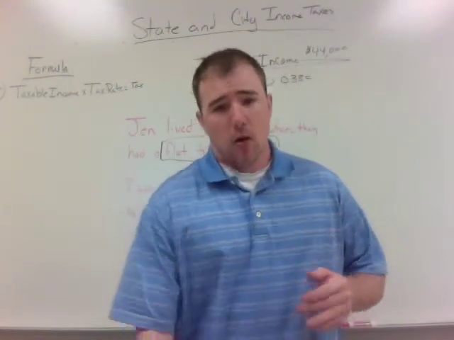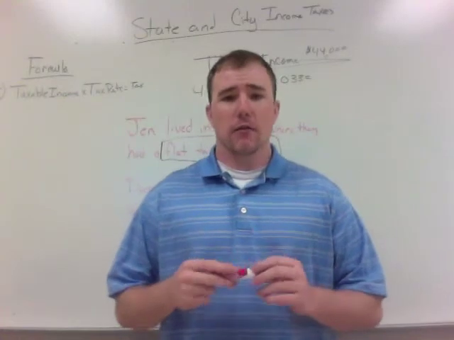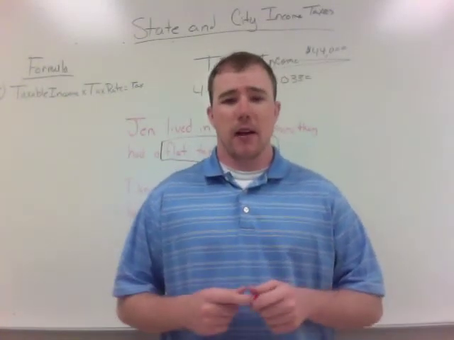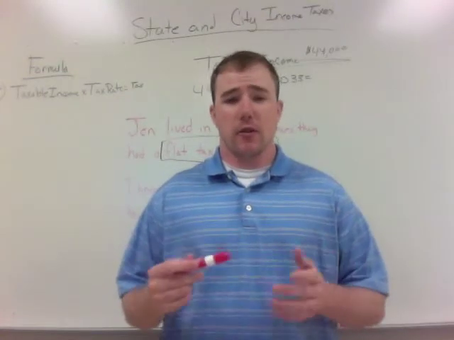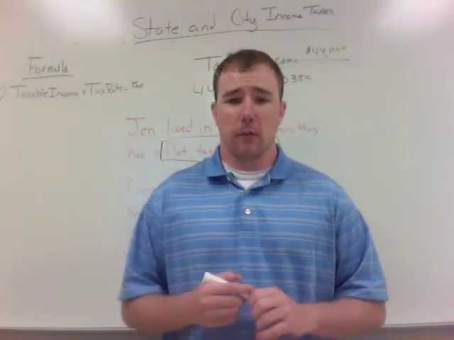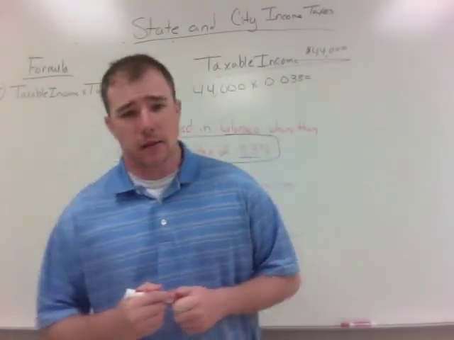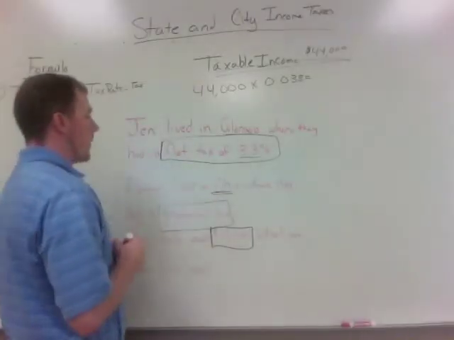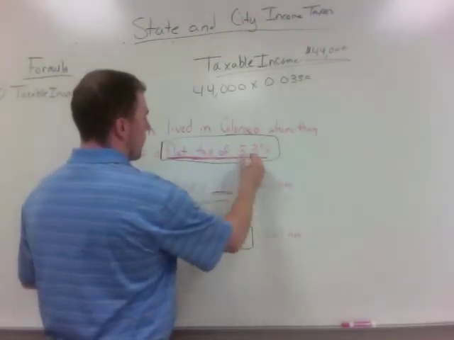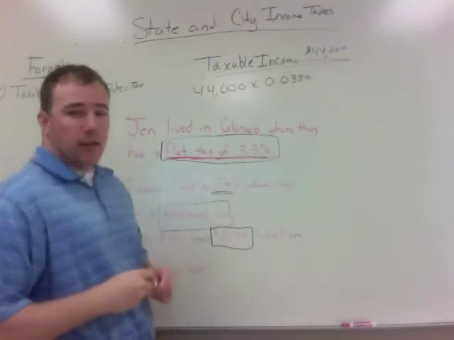Now, we've got a problem here. It's going to give us two separate people who live in two separate states. One state has a flat rate tax, and the other has a graduated tax rate. So we're going to calculate the state tax for both these people. The first one says Jen lived in Colorado, where they had a flat rate tax of 3.3%.